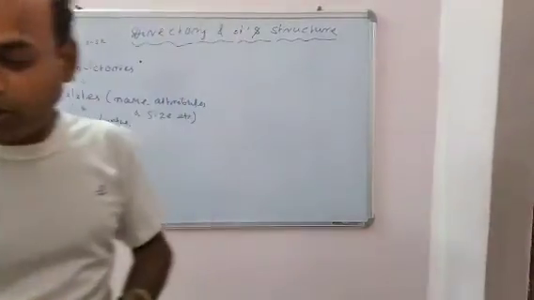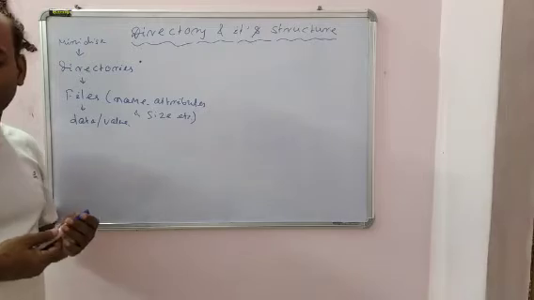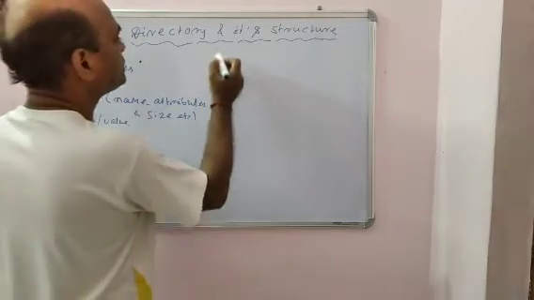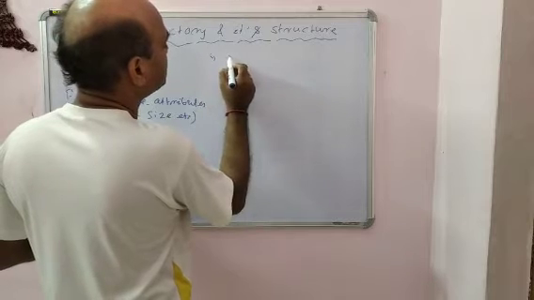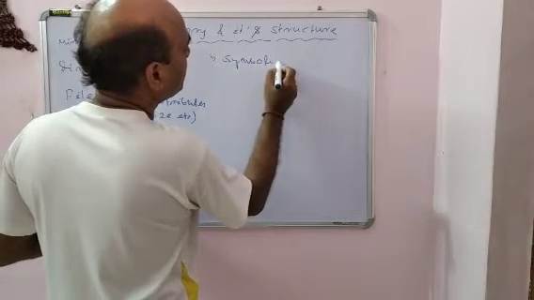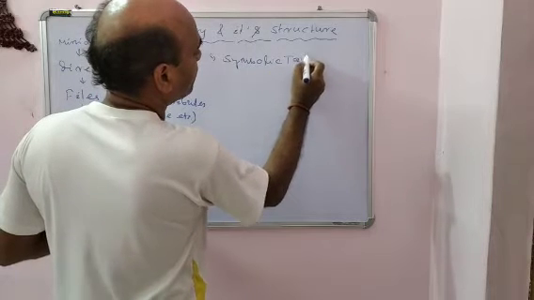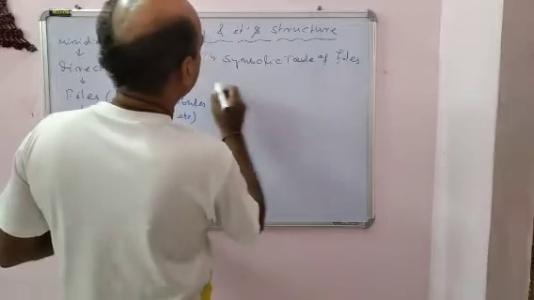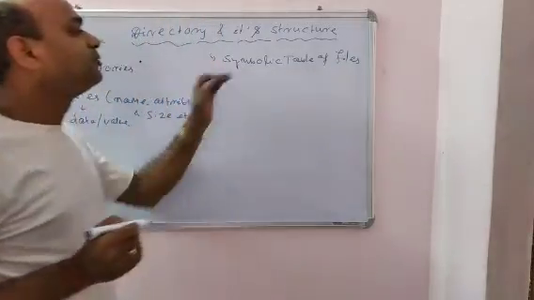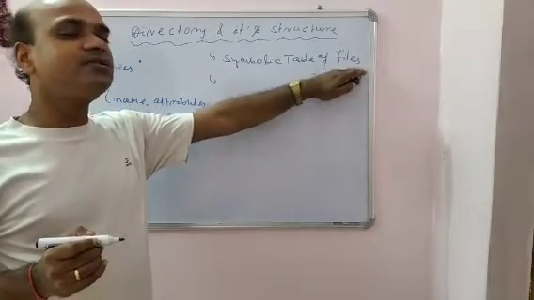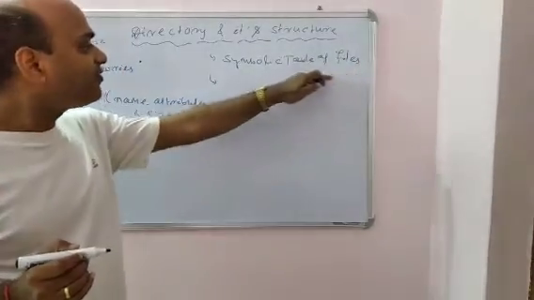Basically, a directory is a symbolic table of files. These files contain information, and several files are contained in a directory.